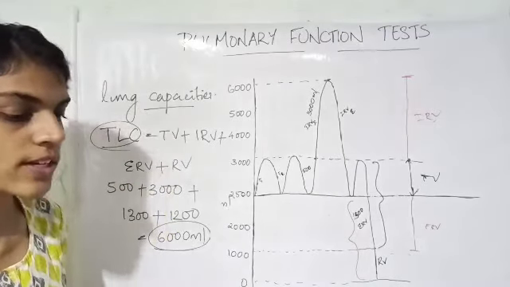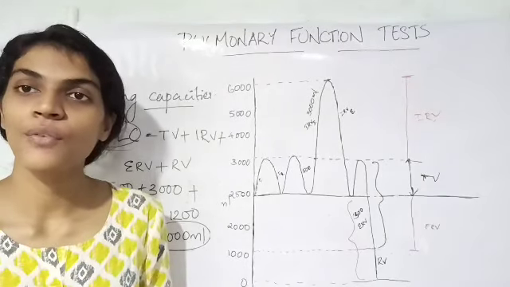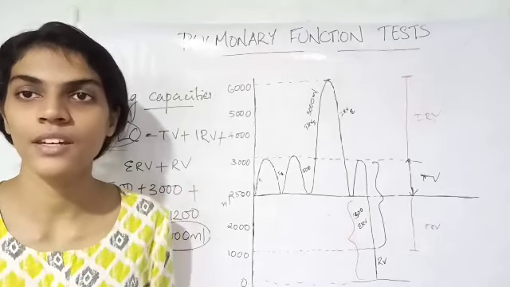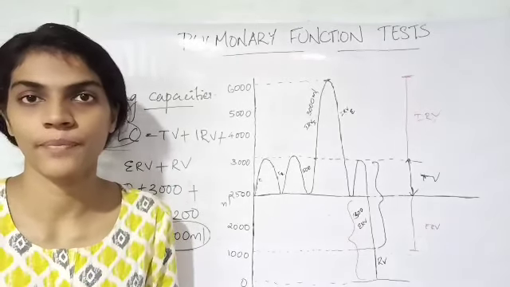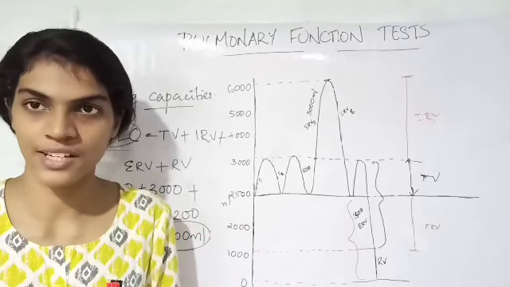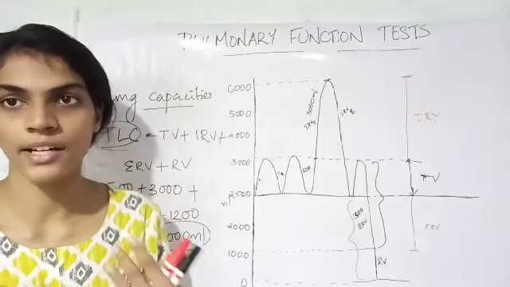Next one is the vital capacity. What is vital capacity? The total volume of air that can be forcefully breathed in or breathed out. During a forceful respiration, how much air can be taken in and taken out?